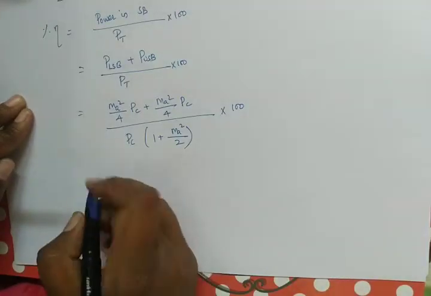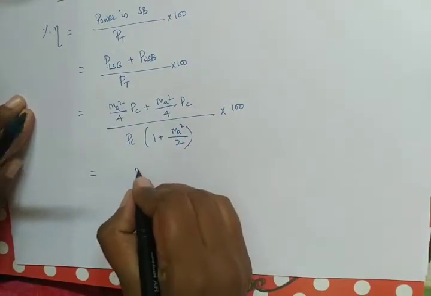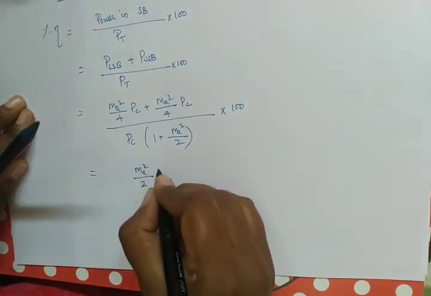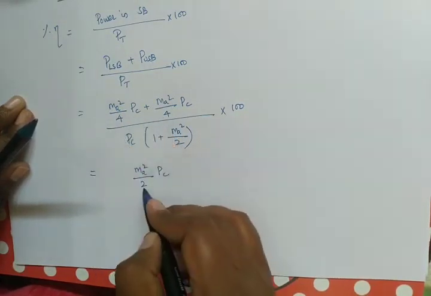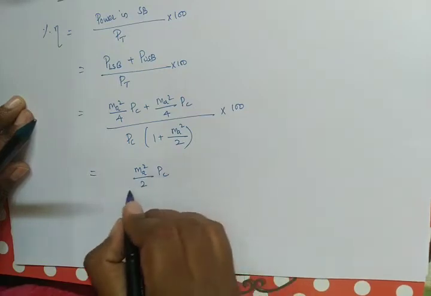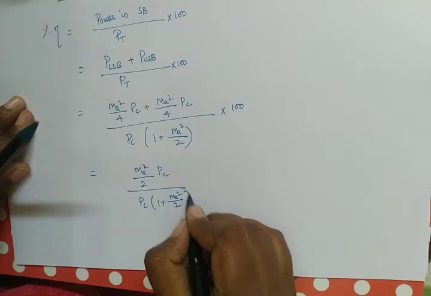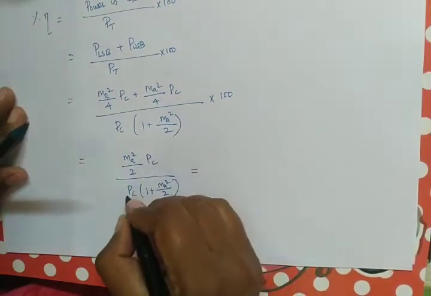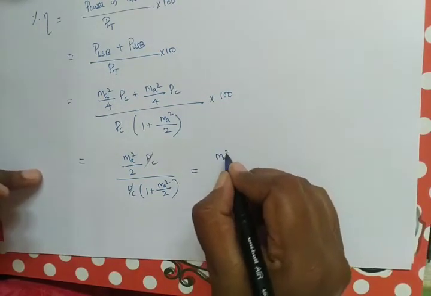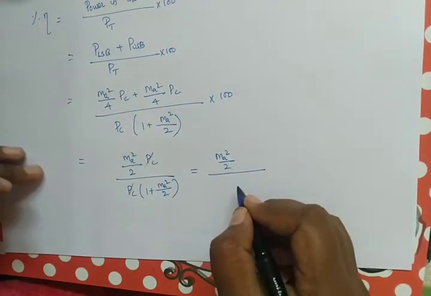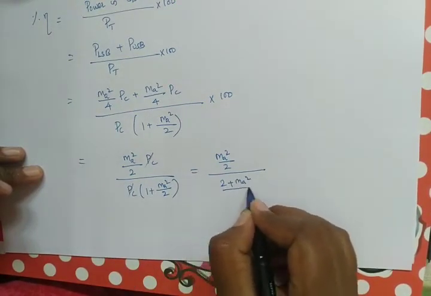Now we can write, which is equal to, here we have MA square by 4 PC plus MA square by 4 PC. So we can write this as MA square by 2 PC, because 1 by 4 plus 1 by 4 will become 1 by 2, that is 1 by 2 MA square PC, divided by PC into 1 plus MA square by 2. Therefore this PC gets cancelled. So we can write this as MA square by 2 the whole divided by, take this common, 2 plus MA square by 2.